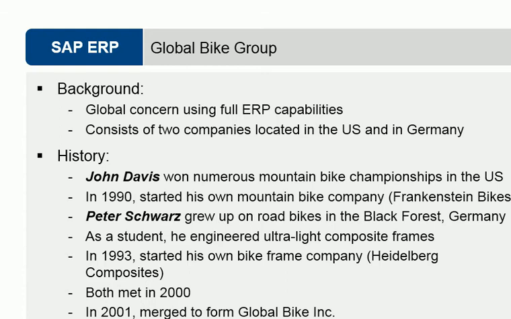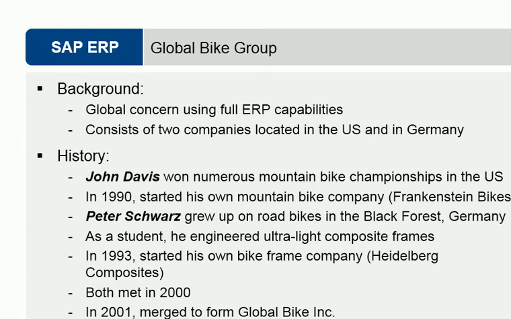So what's the history behind this company? Now, there are two people who came together in a partnership to form that organization. One was a bike champion in the US, and he started his own company, a mountain bike company.